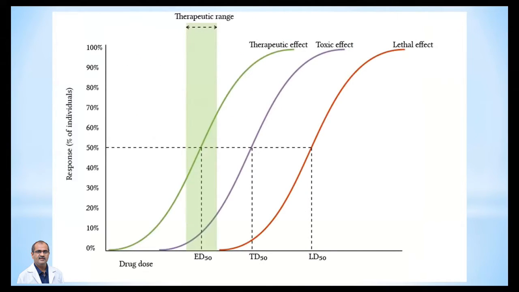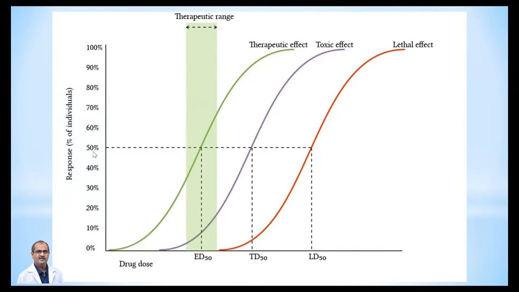And you may be worried about why this type of graphs are put, and it's very easy to understand here. The efficacy of all three is the same. Here you can see the drug dose is plotted over the percent response of the individuals, how many persons are responding.